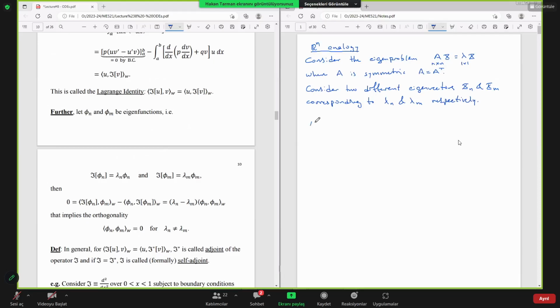I'm going to take the operator A operating on xn. Of course, what does it mean? It means this, i.e. Axn is equal to lambda n xn, right?